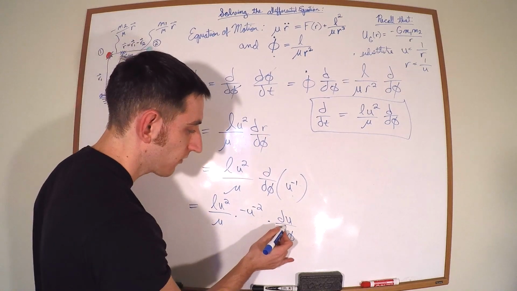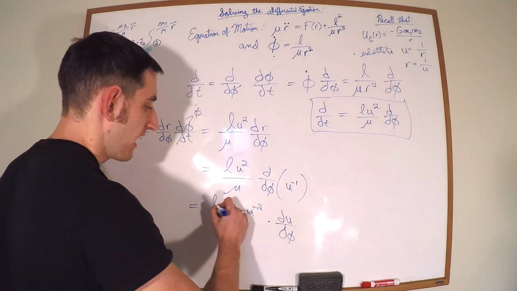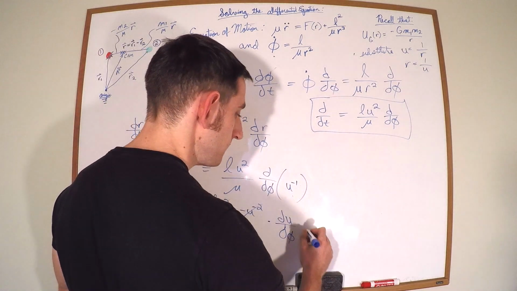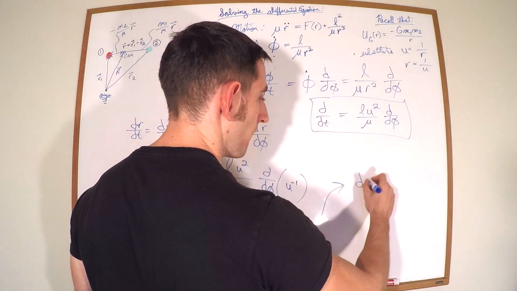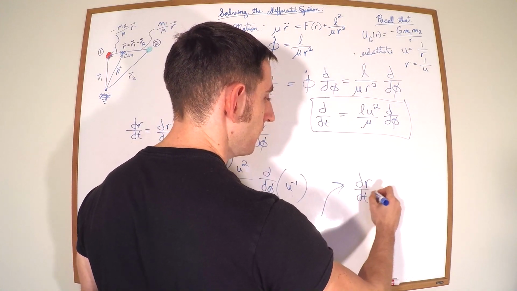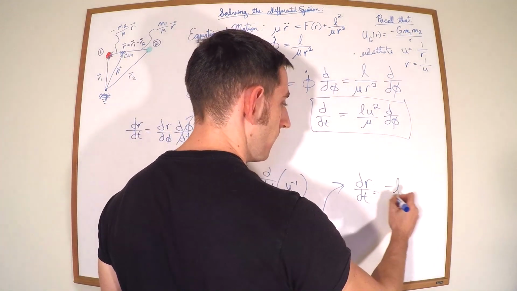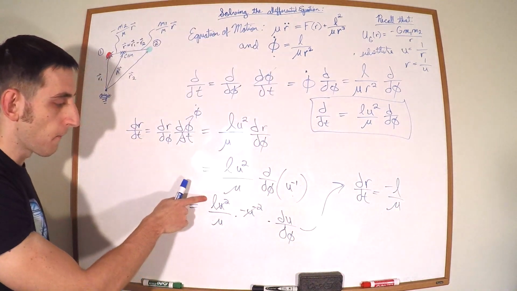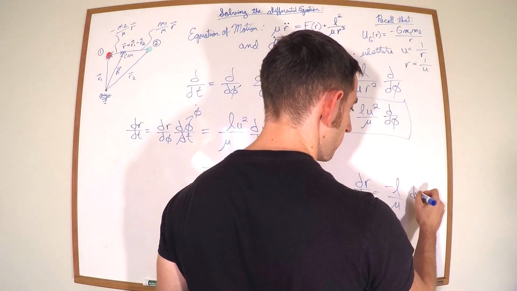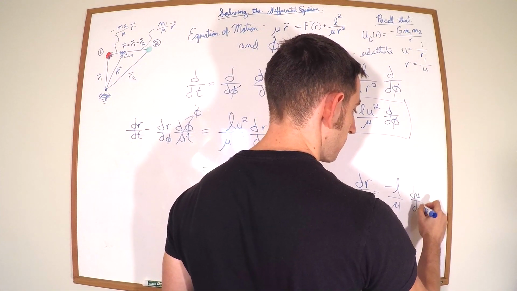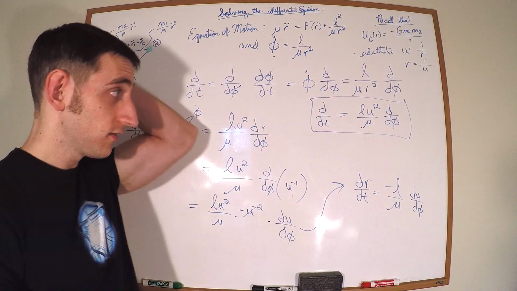So when we simplify, this guy cancels with that guy, and we find that dr dt is nothing more than negative L over mu times du d phi. All right, so that's what it reduces to.